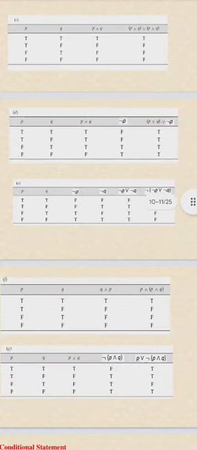Then next example D. The statement is P or Q or negation P. The P and Q truth values are written there. Then next find the value of P or Q, then the value of negation P, then the final column is the whole statement.